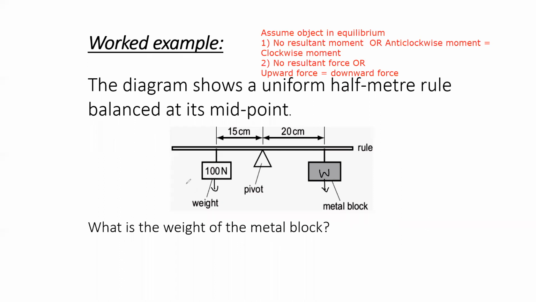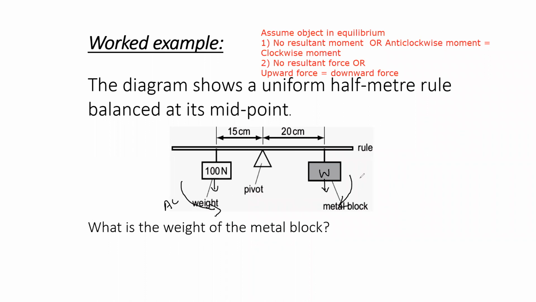A weight of 100 Newton, which direction will this cause a rotation? It will cause an anti-clockwise rotation. And the weight of the metal block, which direction will this cause a rotation, from the pivot?